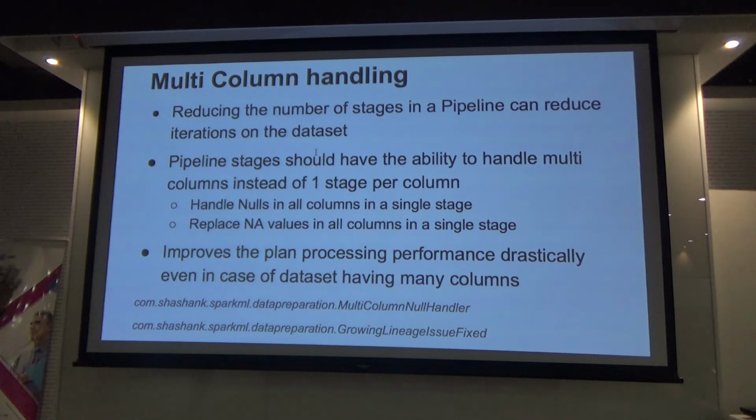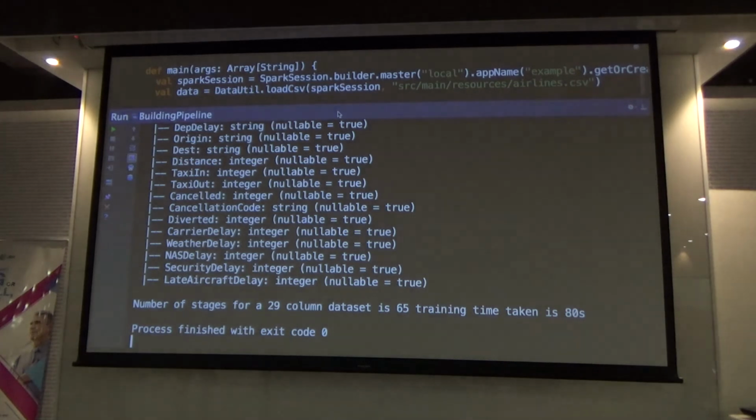Here we are not talking about any other performance, only reducing the number of steps in the actual iterations. This improves plan performance drastically, because if you have a 30 column data set, you reduce 29 transformations to only 1, which is a huge number. So we will go to the multi-column null handler, and I'll show you how that is done.